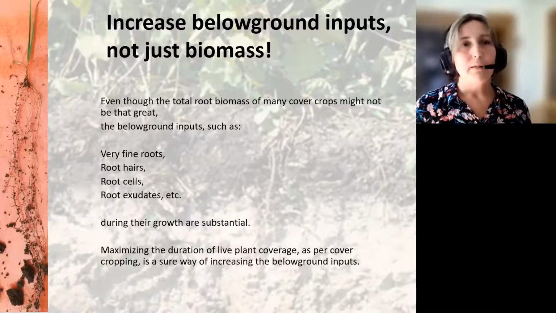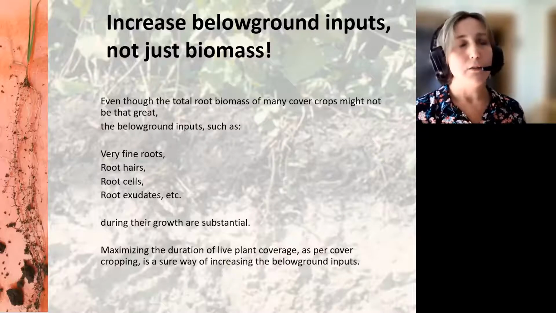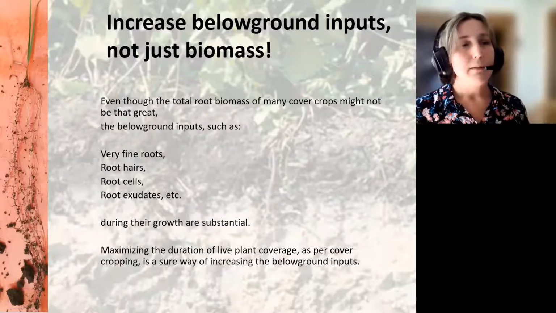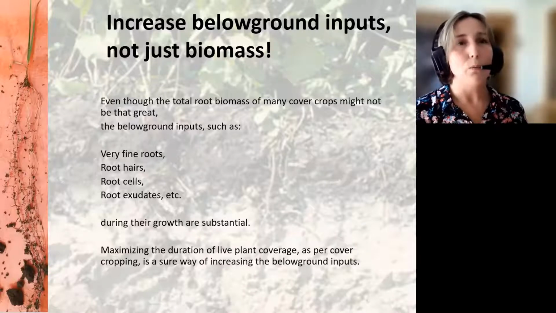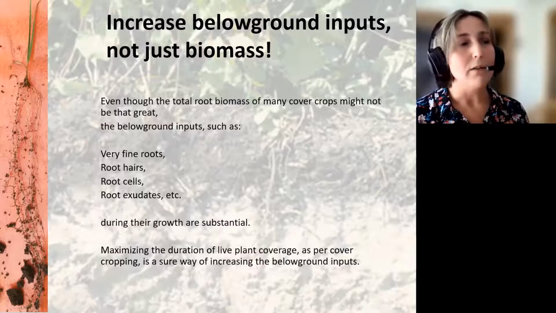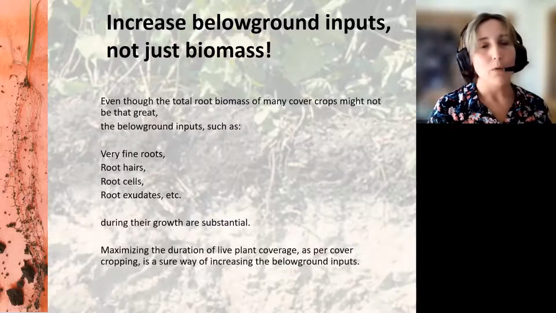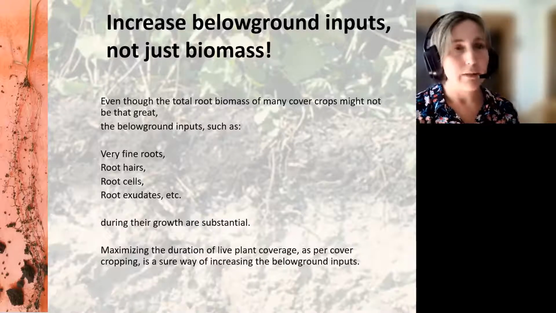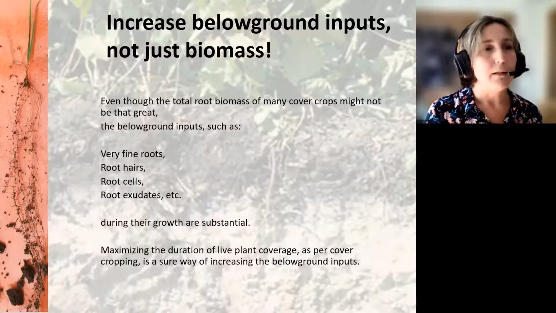All of those things are continuously there during live plant growth. So basically maximizing live plant growth, the period when there is live plant coverage, as happens when we have cover cropping, is definitely a way to increase those invisible below ground inputs, which nevertheless have a sizable effect on soil organic matter increases or gains.